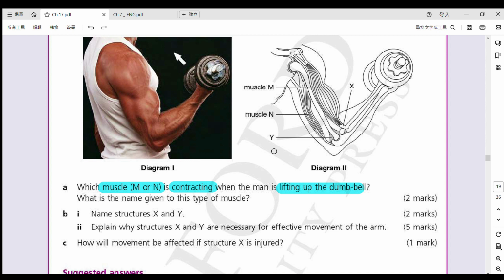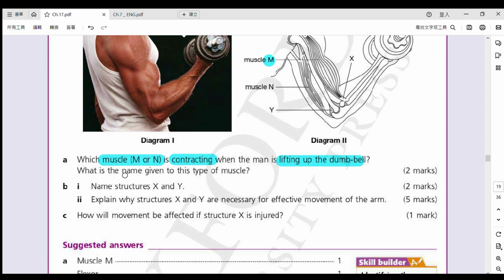It's very easy. It's asking which muscle is the flexor, which lifts up the forearm. So the answer is of course M.